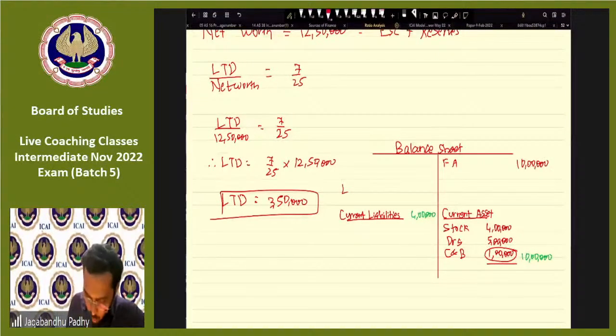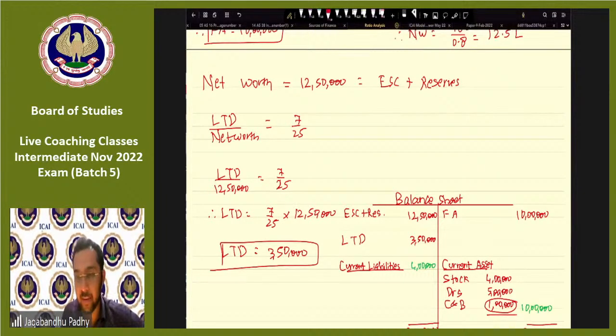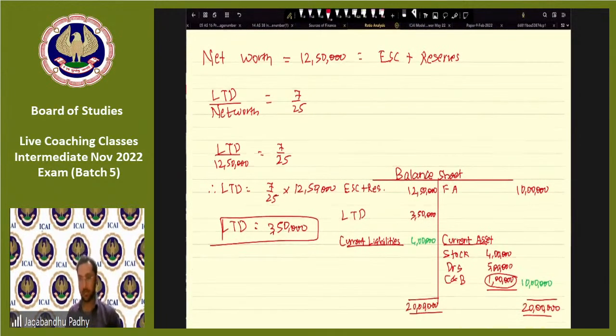Then we have long-term debt as 3,50,000 and equity share capital and reserves. There's no further bifurcation of this. So equity share capital and reserves, it is 12,50,000. Check, is your balance sheet tallying at 20 lakh? Balance sheet is tallying at 20 lakh, right?